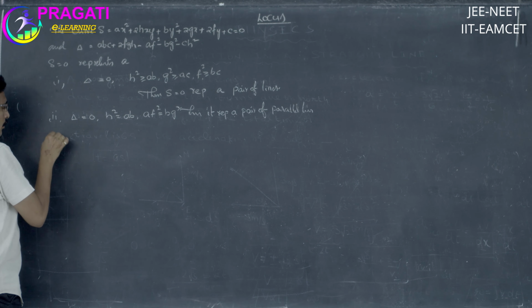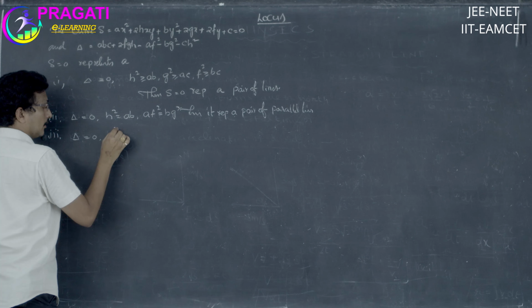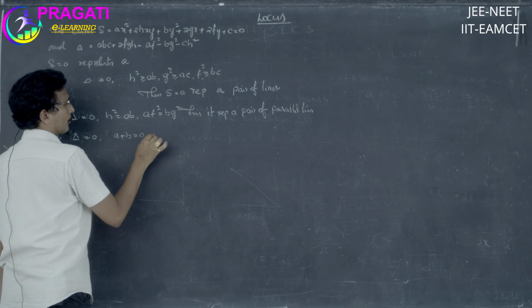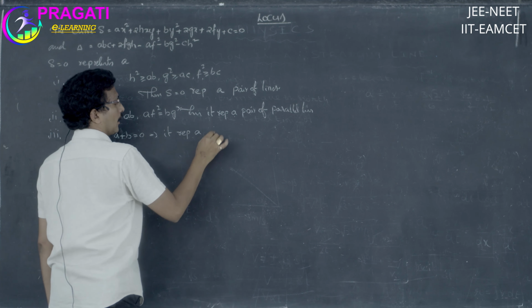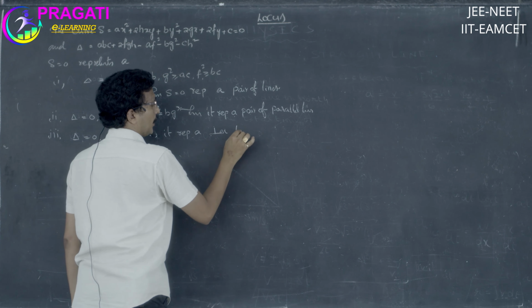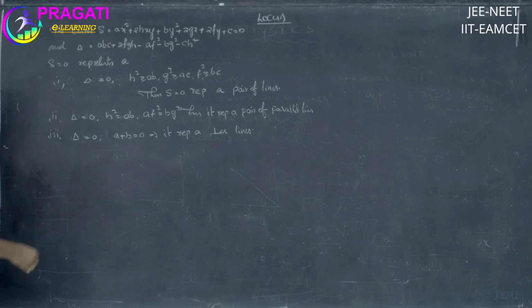Suppose delta equal to 0 and a plus b equal to 0, then it represents a pair of perpendicular lines.